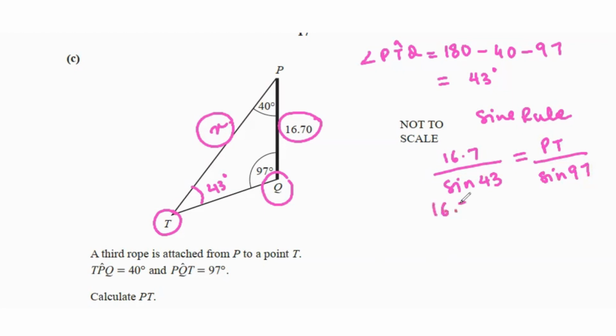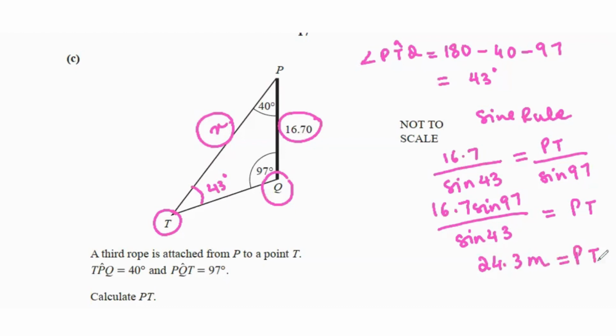So we'll do 16.7 times sine of 97 divided by sine of 43. And this will give us 24.3 meters. That is your length of PT.